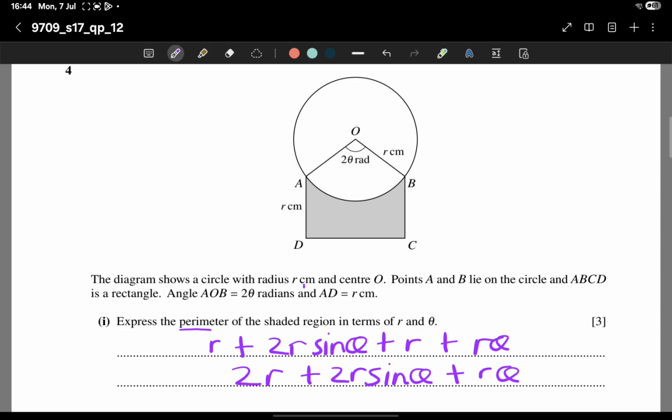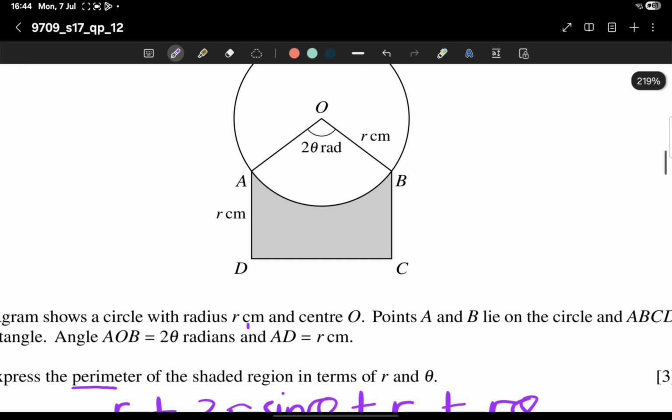Right. We want to calculate the area of the shaded part. And we know this is a rectangle to begin with. So we're going to get the area of this rectangle first, right? Then we're going to get the area of this whole sector right here, right?